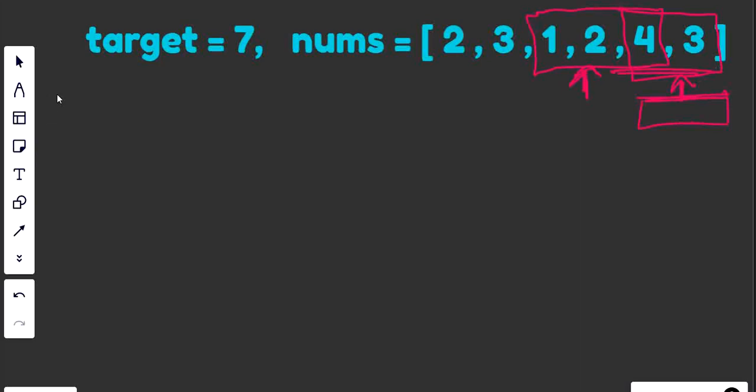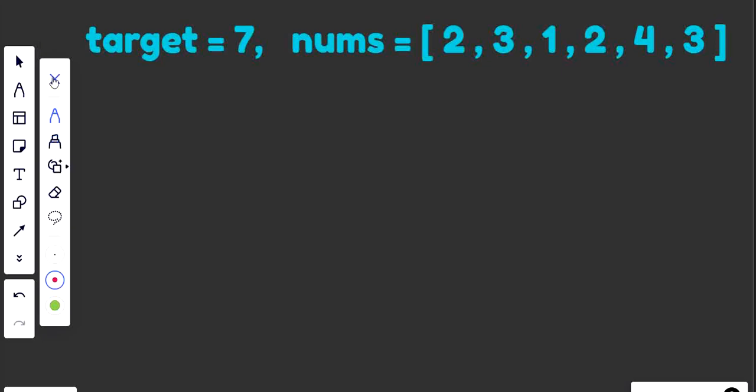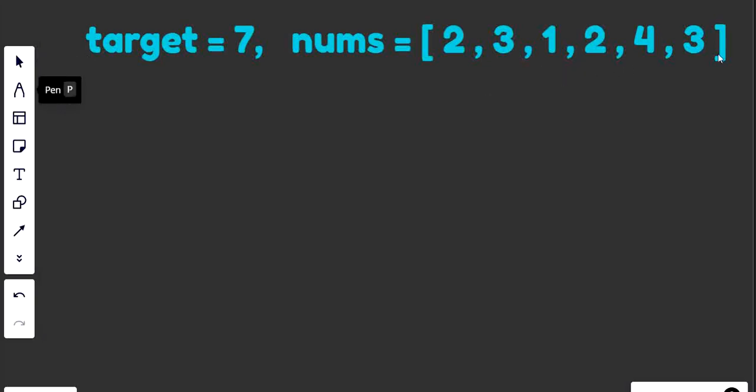If we solve this question using a brute force approach, we can easily use two nested loops, calculate all the subarrays and their totals, and return the minimum length one. But that is not required.